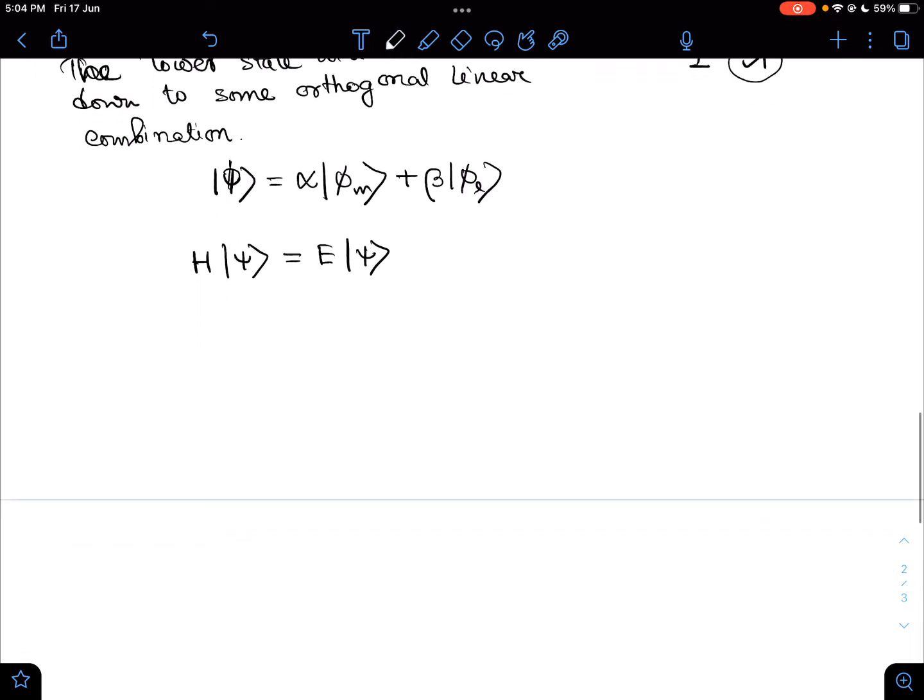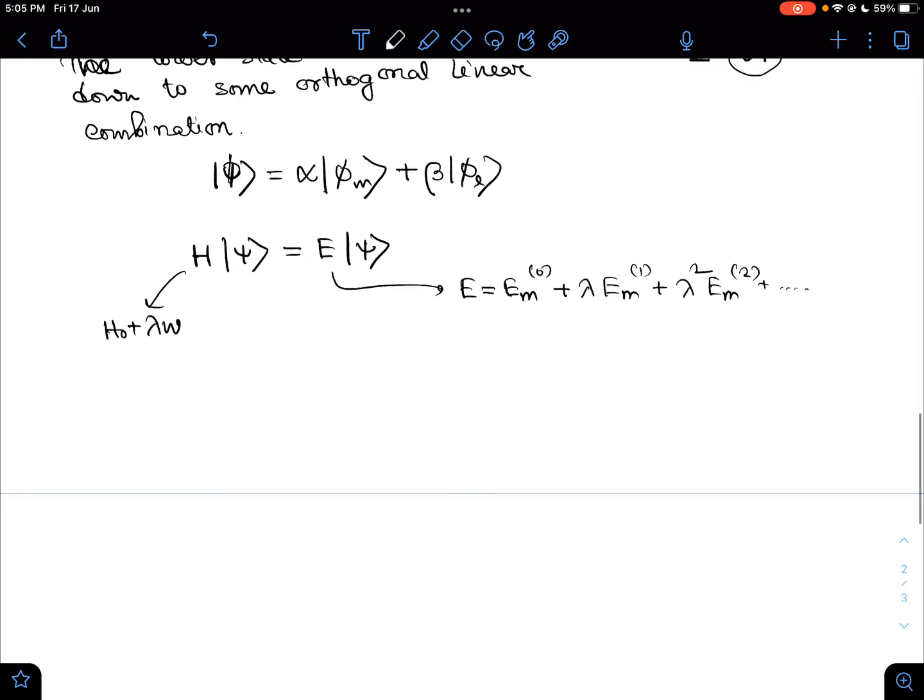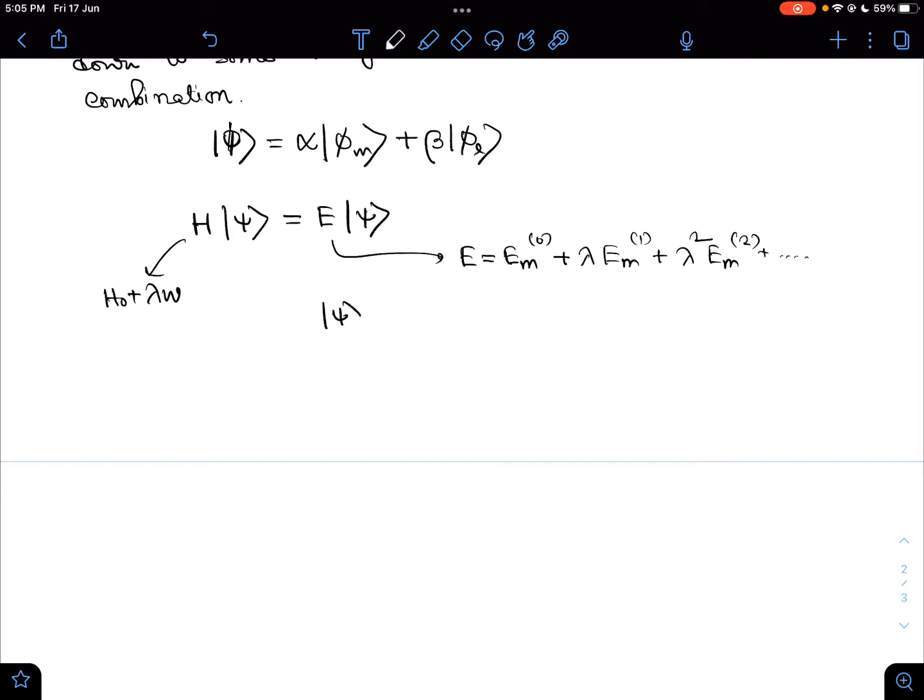Here H is H0 plus lambda W. We have E to be EM0 plus lambda EM1 plus lambda square EM2 and so on, and we have psi to be phi plus lambda psi 1 plus lambda square psi 2 and so on.